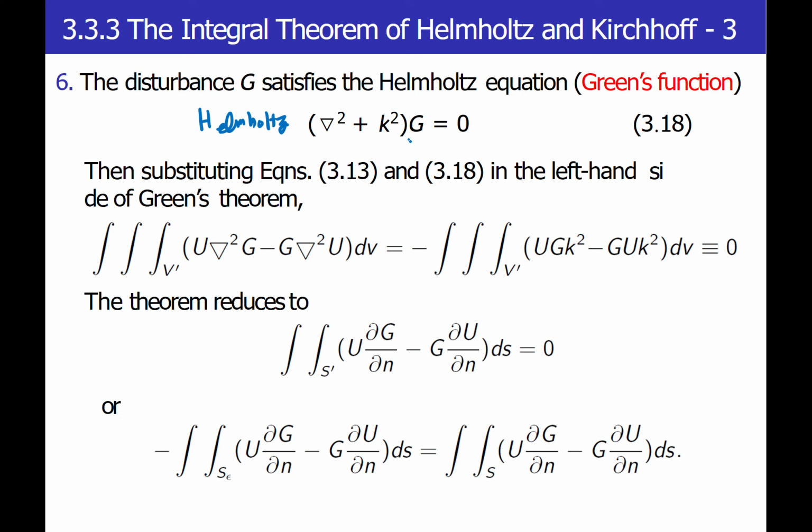And we note that G is one of the solutions. So note that P0 is not P1. Okay. And then if we apply this one, we also know that U is also 0. Okay. And then our Laplacian is changed into k squared G, k squared U.